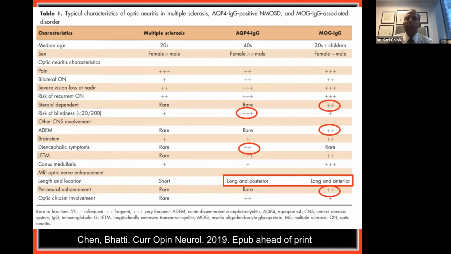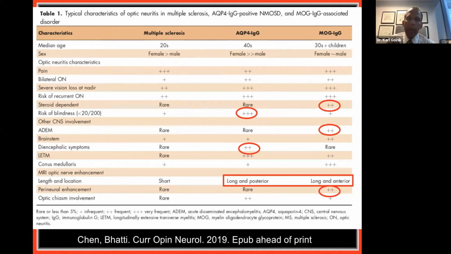And I've tried to highlight some of the things that are differentiating by my red circle. If we move down to steroid dependent, MS is not steroid dependent. NMO is not that steroid dependent, but MOG can be. So this can be a steroid dependent optic neuropathy.